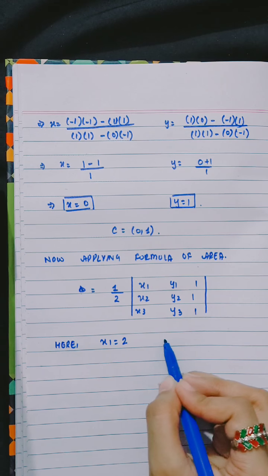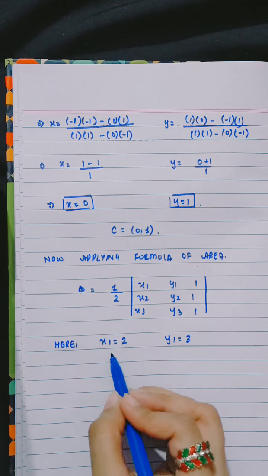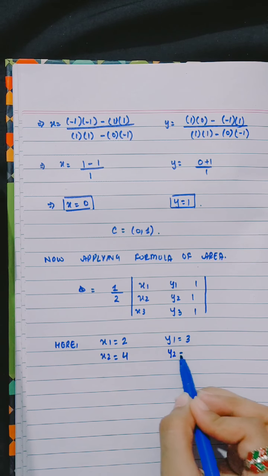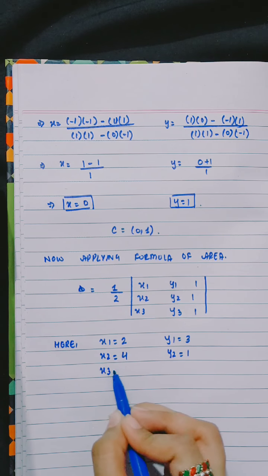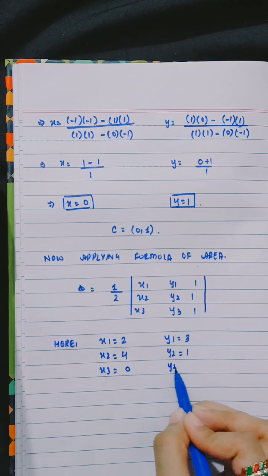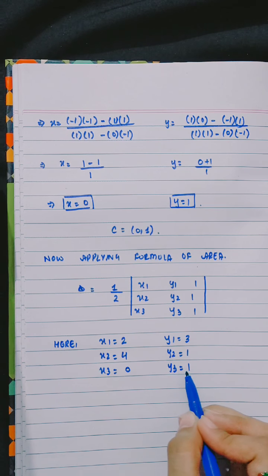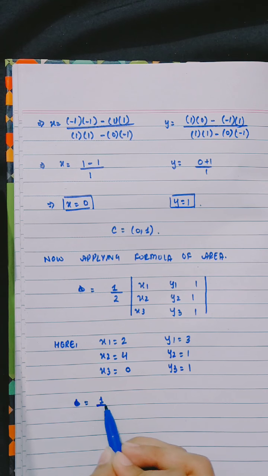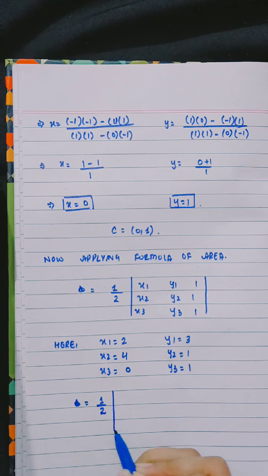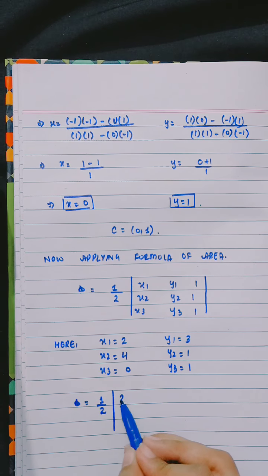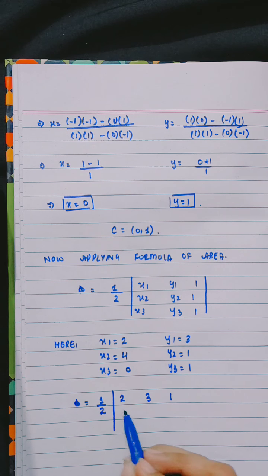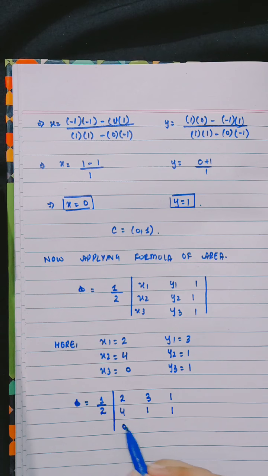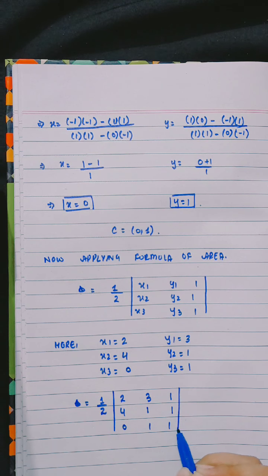Here x1 is 2, y1 is 3, x2 is 4, y2 is 1, and x3 is 0, y3 is 1. Half of 2 3 1, 4 1 1, 0 1 1.